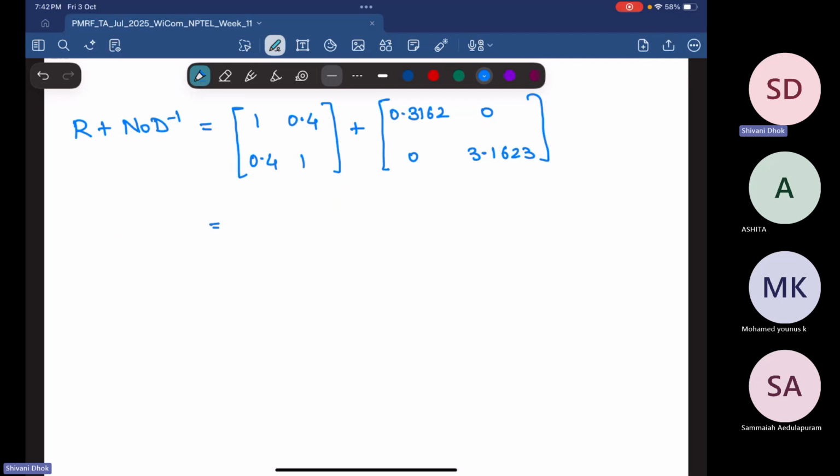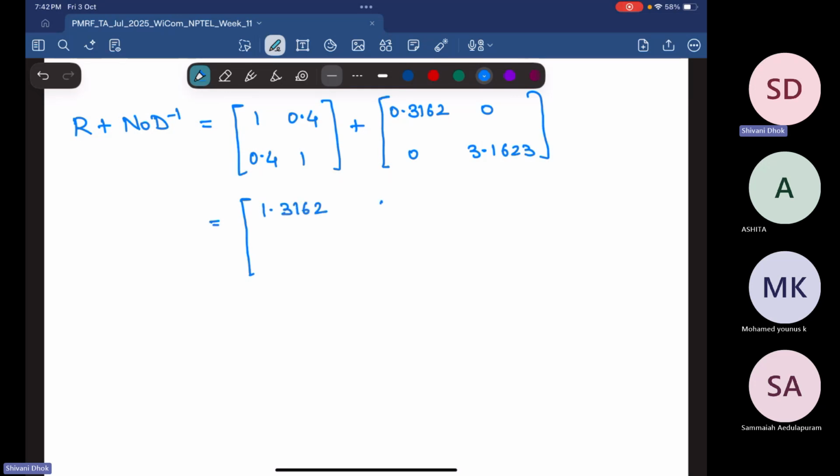This comes out to be 1.3162, 0.4, 0.4 and 4.1623. Okay, so this is what we have now.